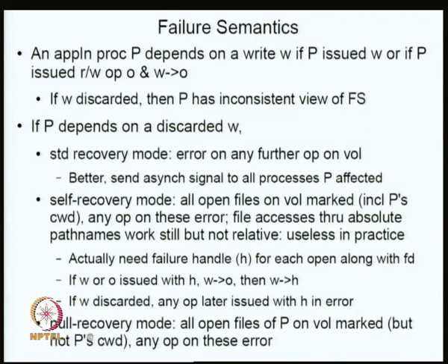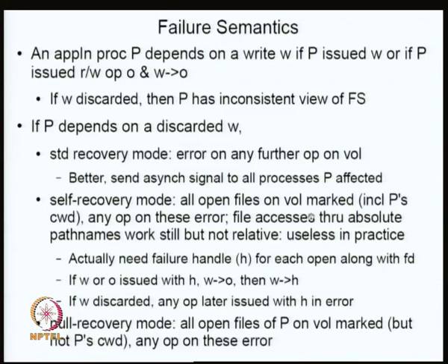And there's some subtle difference. There's one more thing they talk about, null recovery mode. The problem with this was that all open files include, unfortunately, the process P also, because when the process has a current working directory, that directory is also open.